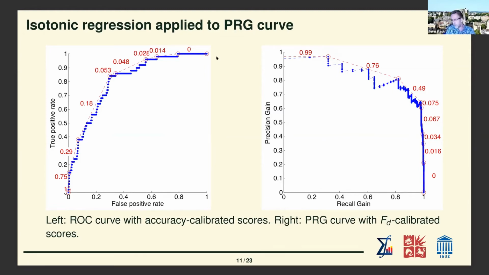The other is a second number, which can't be derived from the first, that says if you wanted to use this classifier for optimizing F-score, then you need to use these numbers and not the accuracy-calibrated numbers. We had a NIPS 2015 paper about this, and you can read more about that there.